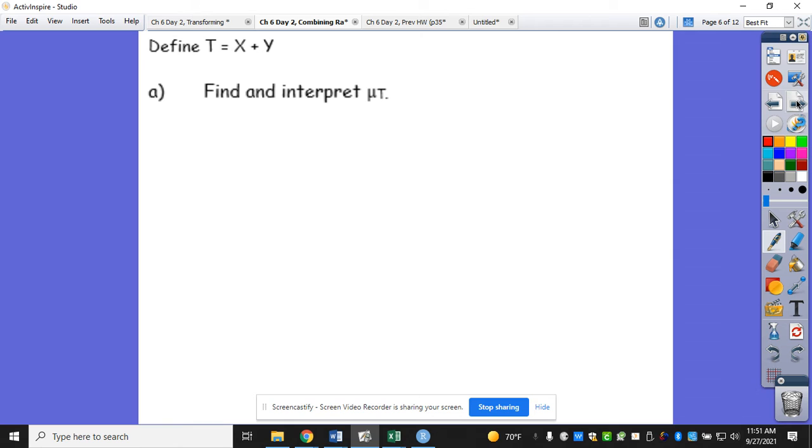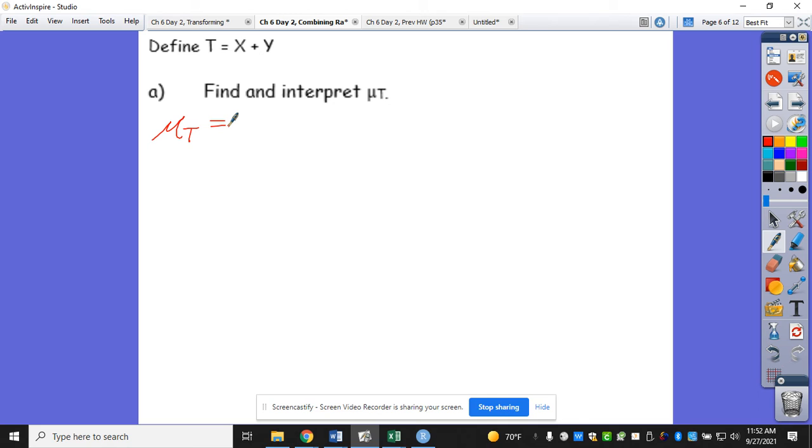What do I write here? It already gave us that mu of t is x plus y, which is a terrible explanation, but so how am I going to find mu of t? So t is like the total number of cars off the lot at that time.